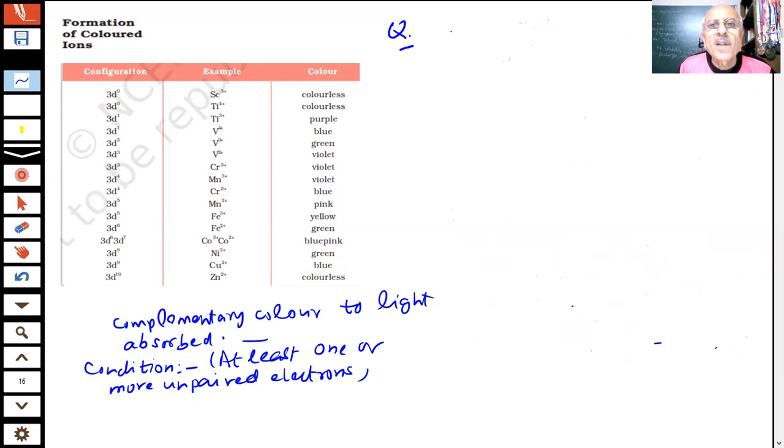Now, for example, a question. He says ZnSO4 is colorless, but copper sulfate is blue in color.